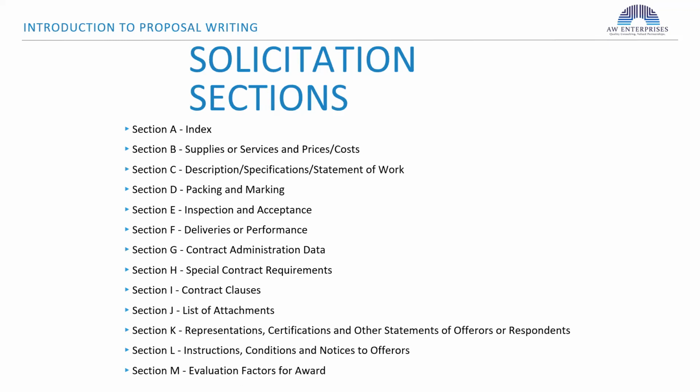Okay, so as we go through these, keep in mind that it may look a little different when you get a solicitation from state and local governments. Okay, but all of the same information is included. So let's kind of quickly review the solicitation sections. Okay, A will be the index or the table of contents that shows you what's included in the solicitation and what pages to find that information.